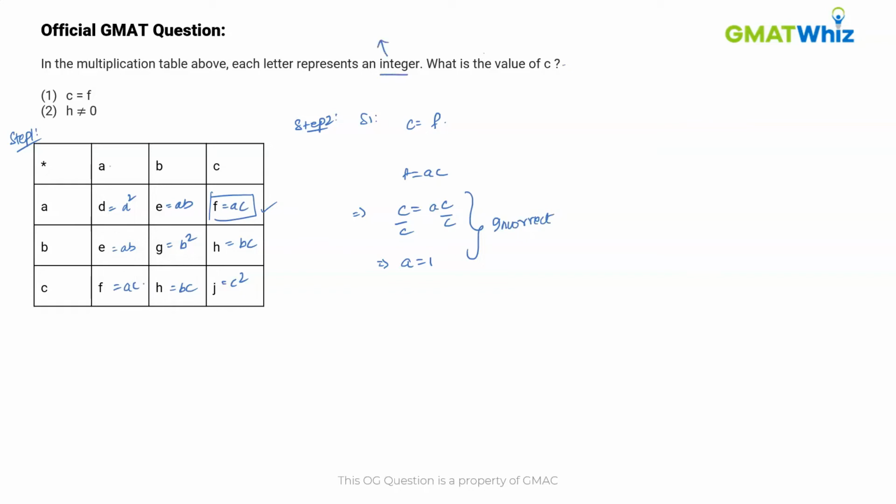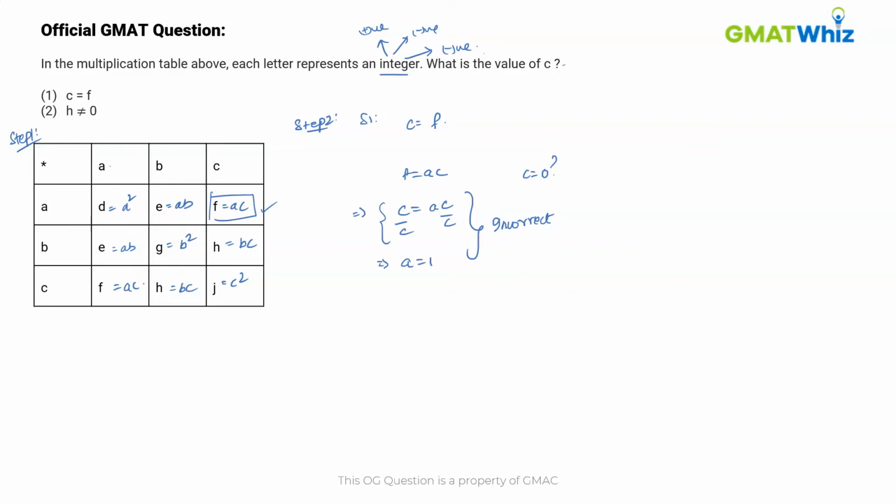That means that the integers can either be positive, negative, or 0. So what if the value of C is equal to 0? Is it possible to divide this equation by C? Because when C is equal to 0, on dividing this equation by 0, we will get an undefined answer.